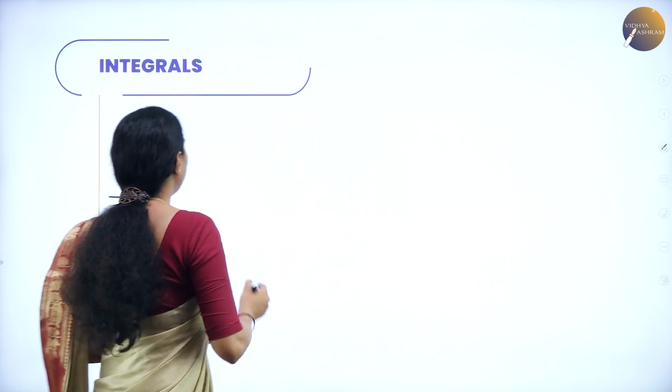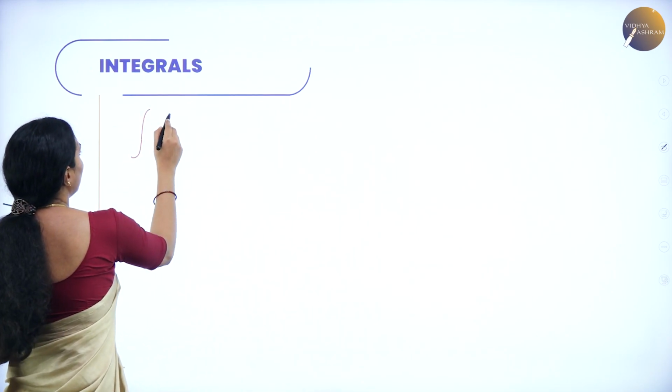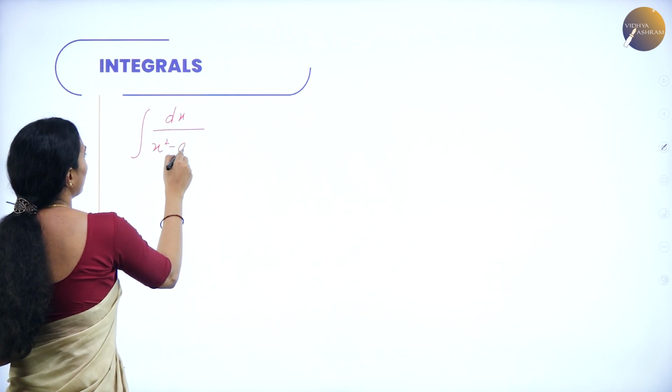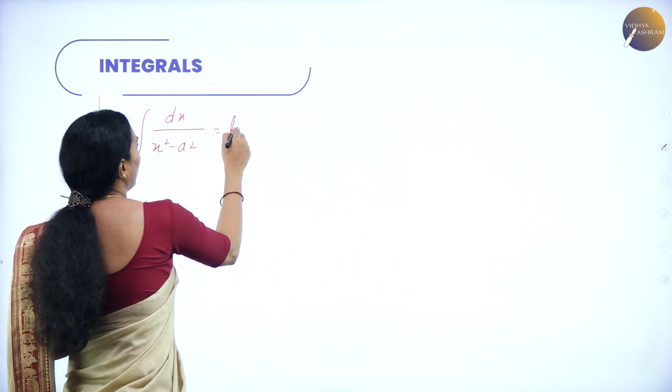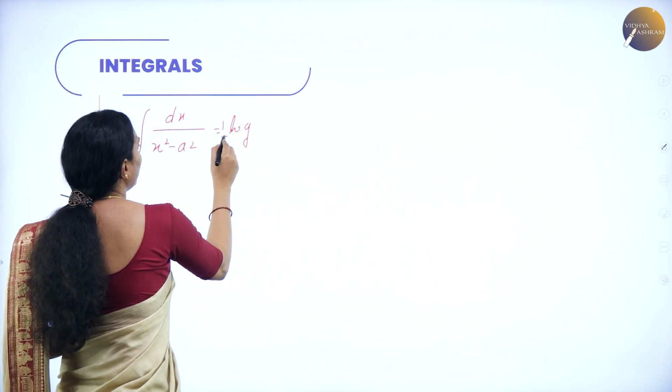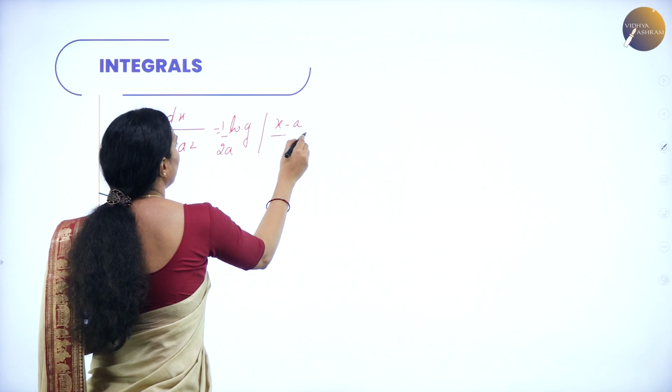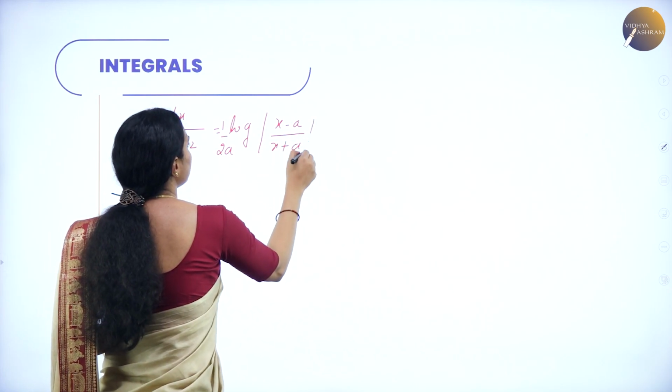Now we are having formulae given by integral of dx divided by x squared minus a squared is given by 1 by 2a into log of modulus of x minus a divided by x plus a plus c.